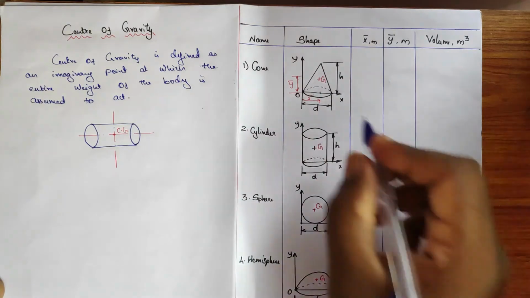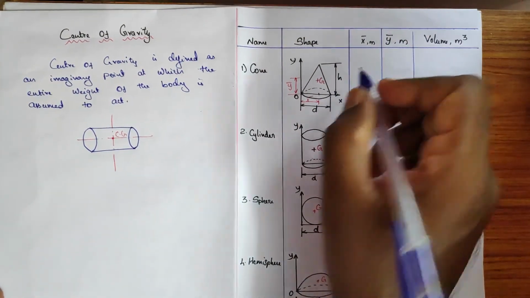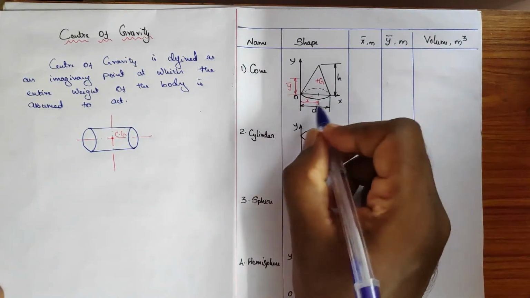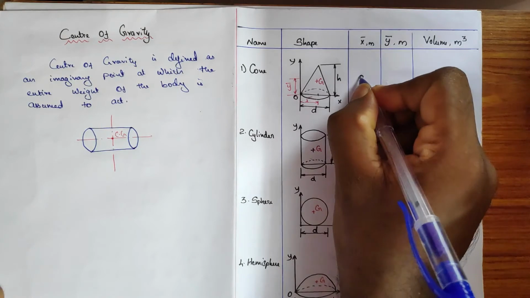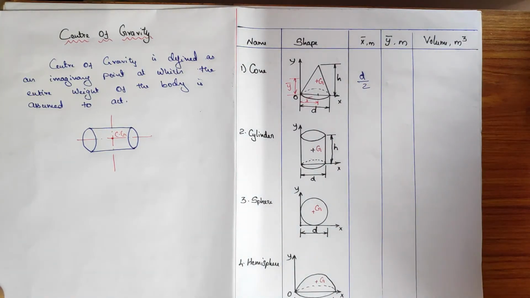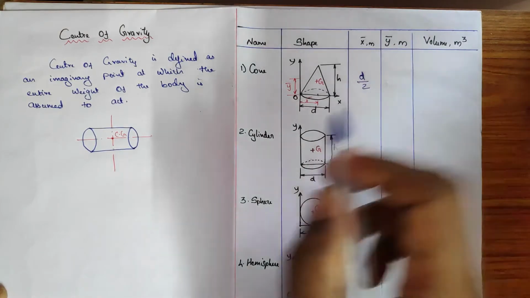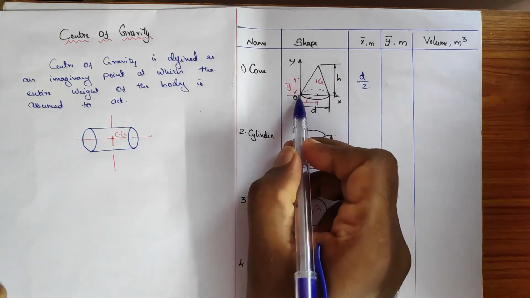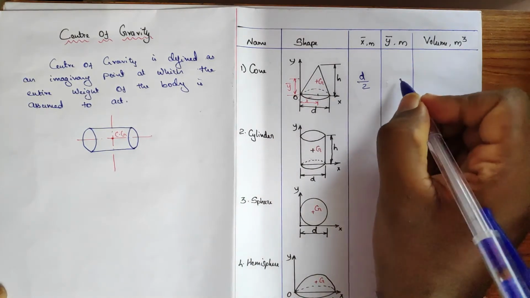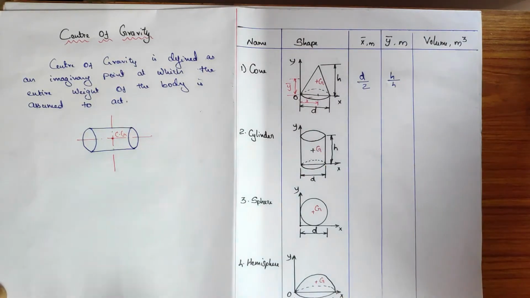For this cone, x bar is nothing but the diameter of the cone divided by 2. So D divided by 2. Okay, it is D divided by 2. And then y bar, the distance from O to this G, can be calculated by h divided by 4, 1 by 4 times of its height.